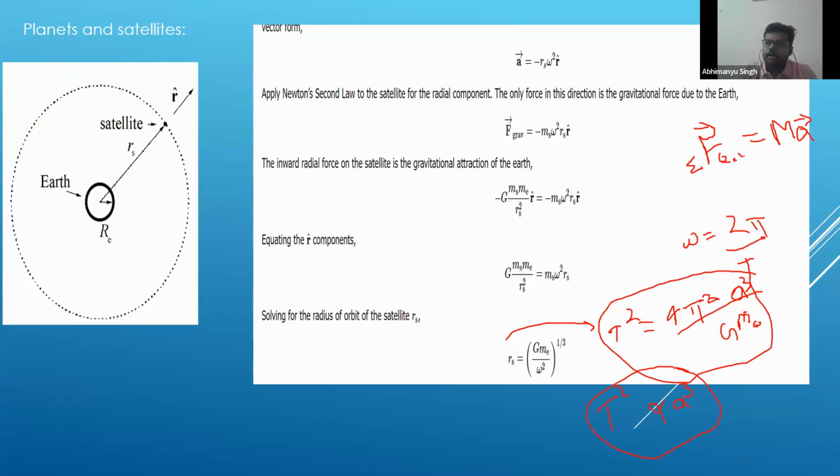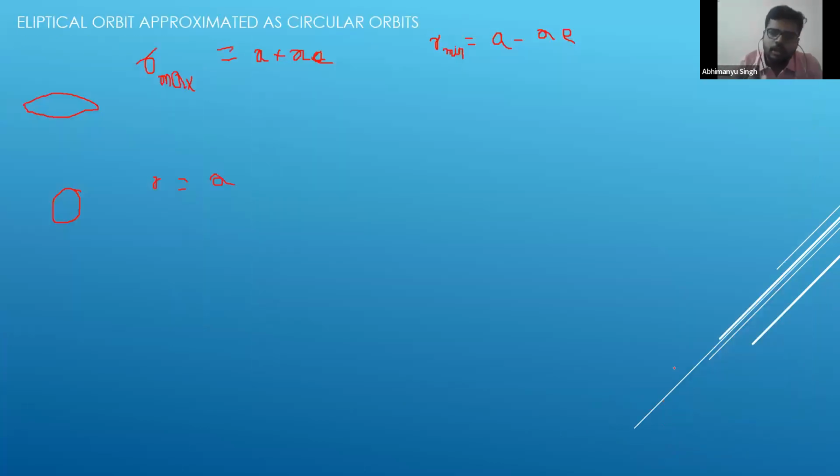Here it is a circular orbit, but Kepler predicted it for elliptical orbits. But we can have a circular approximation. Suppose an object rotates in an elliptical orbit. It will have R max equal to A plus AE. Suppose the Sun is here and Earth is here, so the maximum distance will be A plus AE and the minimum distance will be A minus AE.